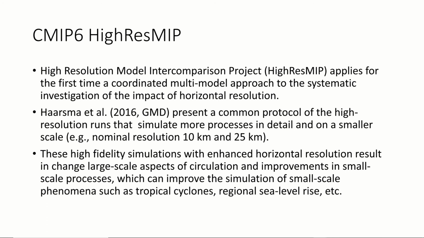So this high fidelity model with enhanced horizontal resolution results in changes in large scale aspects of circulation, where you see some improvement, like the North Atlantic current, for example, and improvement in small scale processes. As I will show in the next slide, for example, the loop current in the Gulf of Mexico: with this high resolution map you can resolve these eddies and simulate the loop current, while with the previous standard resolution coarse grid, you cannot resolve the loop current.